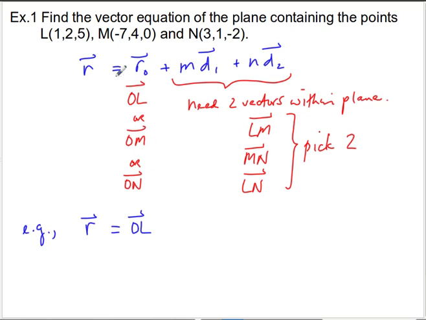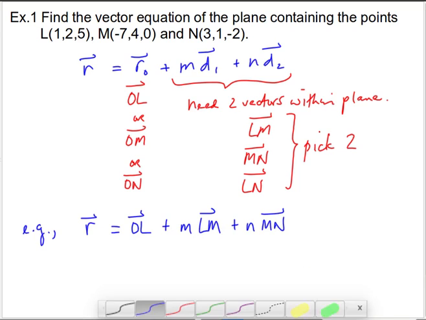I'm just going to choose my first choice, which is OL, plus some scale factor times LM, plus another scale factor times MN. Now you need to also figure out what these different vectors are.